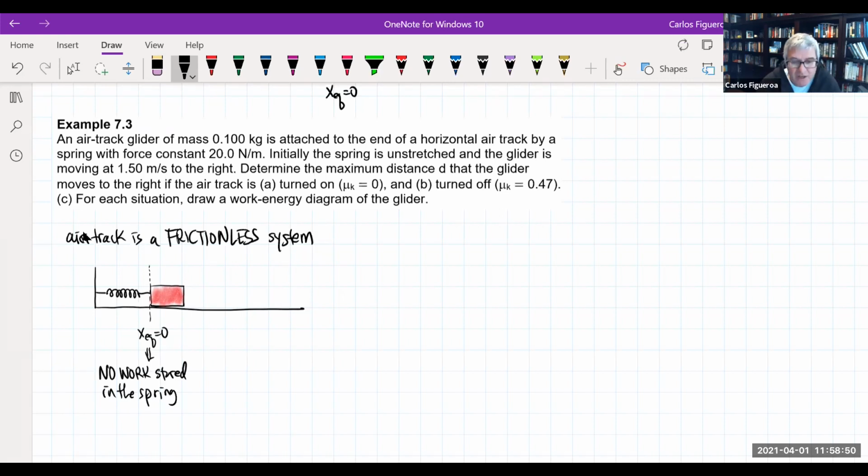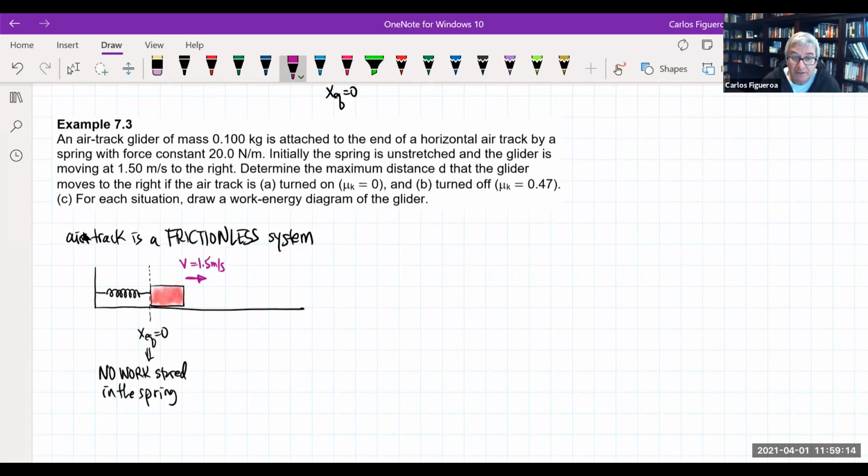In other words, I have an unstretched spring. However, this cart is moving with an initial speed. They tell us its speed at this point is 1.5 meters per second. So it's moving.